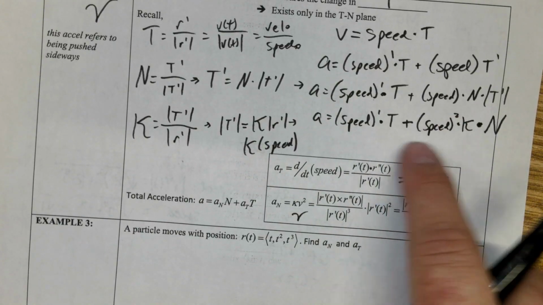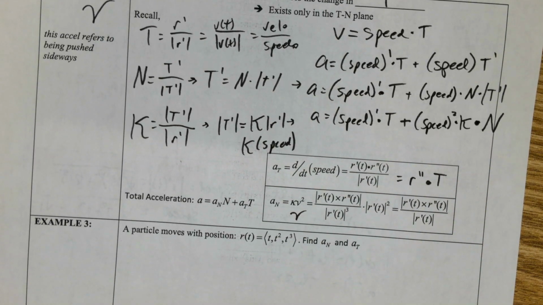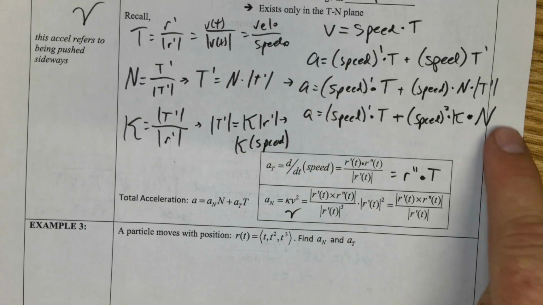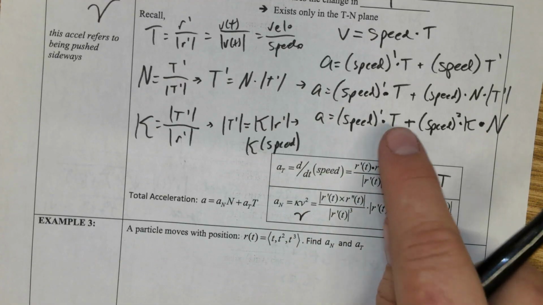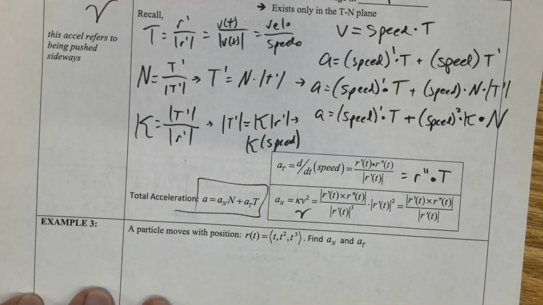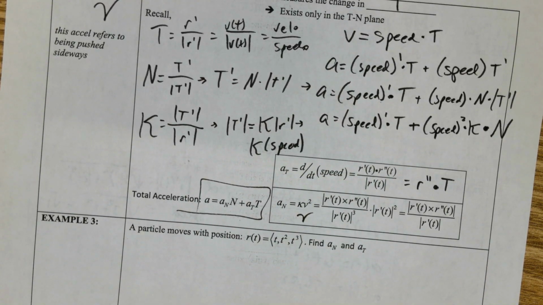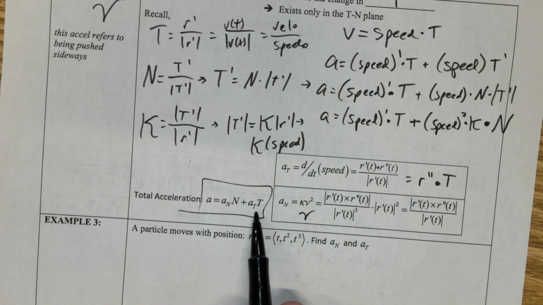This is a scalar. This is a scalar. So it's just telling me the strength of that n-directional acceleration. This is telling me the strength of my t-directional acceleration. So my total acceleration comes from that combination. A scalar times a direction plus a scalar times a direction.